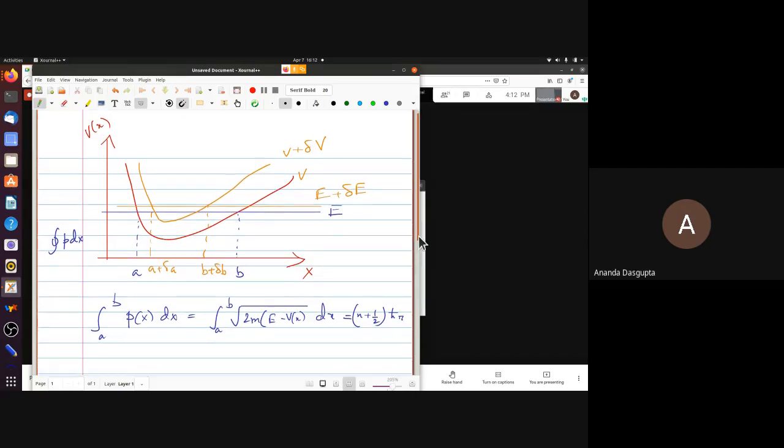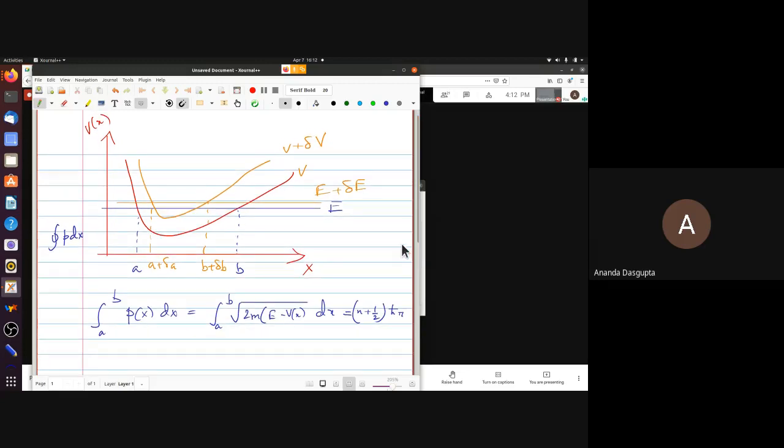So if you use the Bohr-Sommerfeld quantization condition for this changed potential, what you will get is the integral from A plus delta A to B plus delta B, because these are the turning points now, of the square root of 2m(E plus delta E minus V minus delta V) dx, because that's what the new energy is going to be. The new energy, of course, is going to be different.